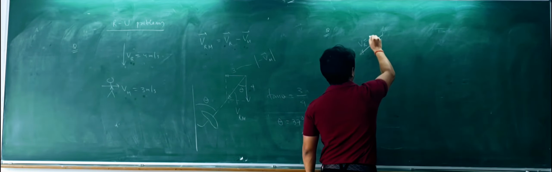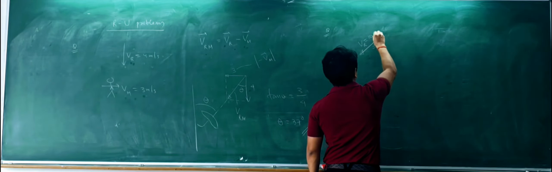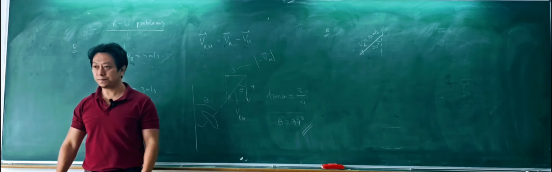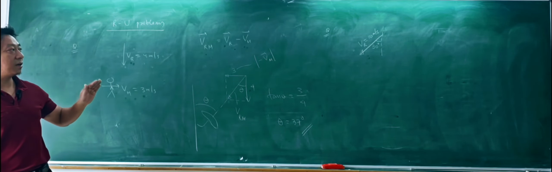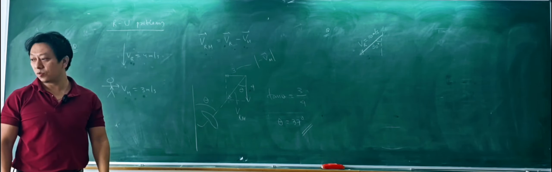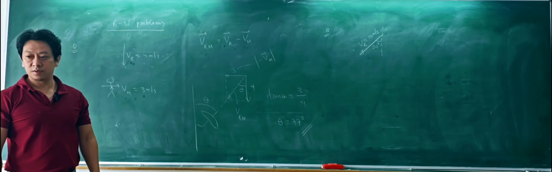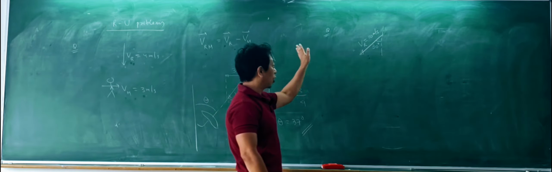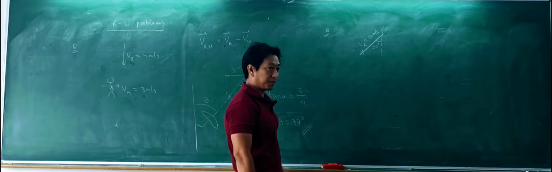Why rain will come at an angle? Maybe wind is there. So if wind is this side, ground people will see rain coming this way.